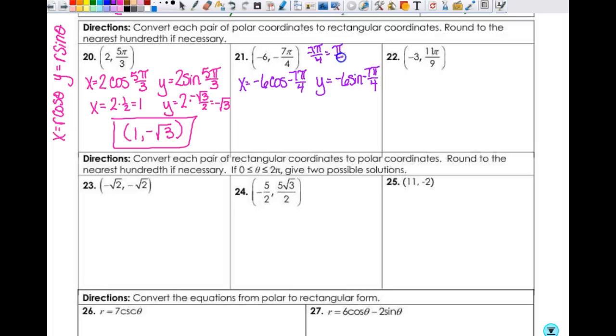So you can just think of it that way. So this is going to give me x is equal to negative 6. The cosine of pi fourths is the square root of 2 over 2. So it's going to be negative 3 square root of 2. Then y equals negative 6 times square root of 2 over 2, which is also negative 3 square root of 2. Negative 3 square root of 2, comma, negative 3 square root of 2.